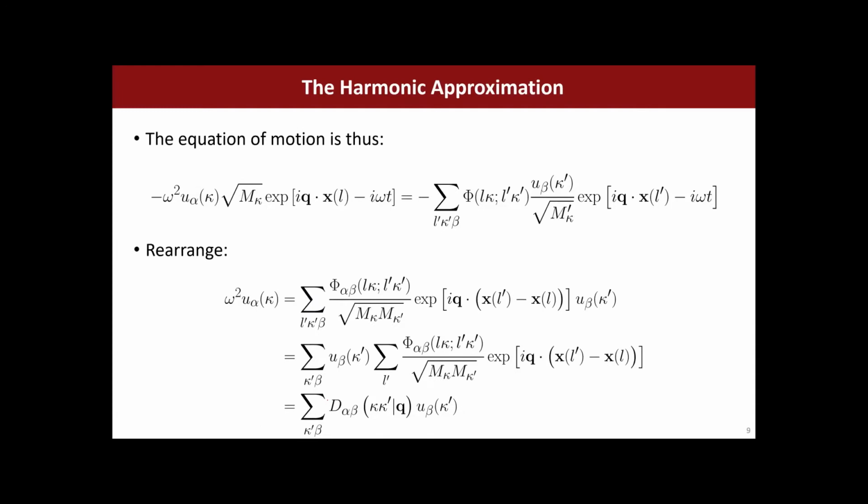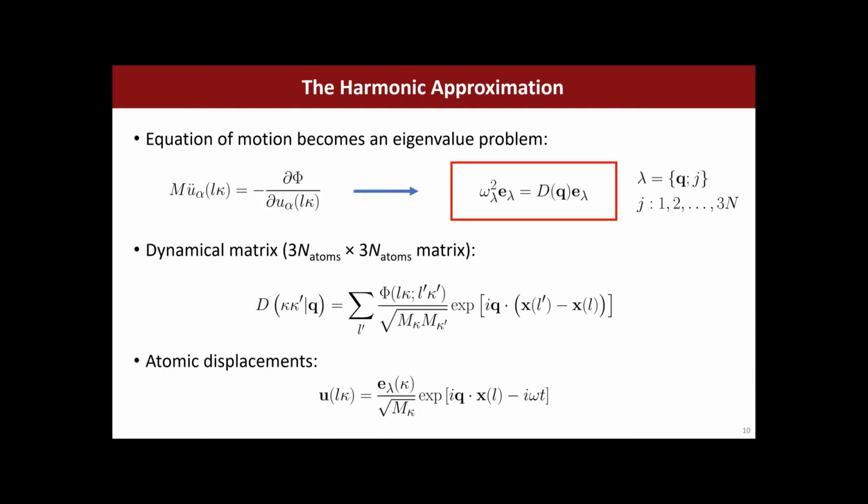But I'm skipping the 2 slides, so that it's there. We just start with an equation of motion that is classic Newtonian mechanics. Essentially, we have a mass times the second time derivative of a displacement, and that is the negative of the first derivative of the potential energy. And when we start solving that, we end up with this equation on the right, which is an eigenvalue equation.